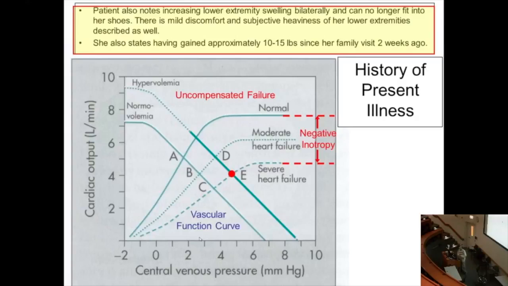I see another hand. Go ahead. Yeah. So for each of those two curves, there's only one possible point. So what happens when you change venous pressure? Well, it just goes up and down, but eventually it comes back down to the same point. Okay?